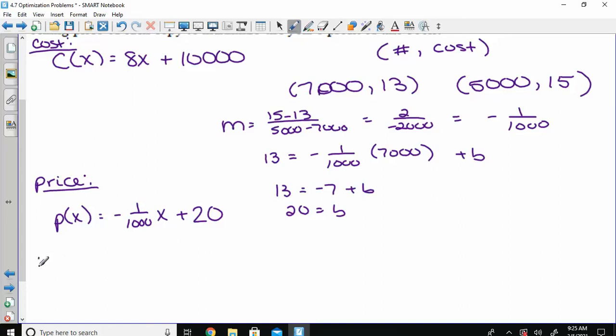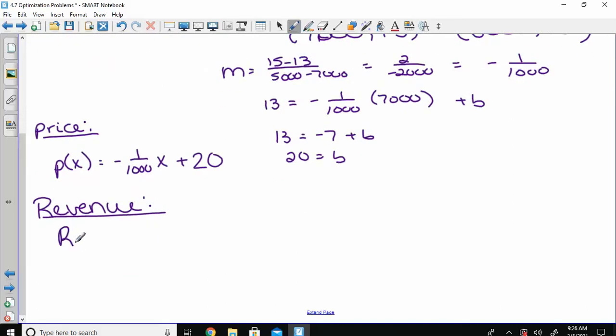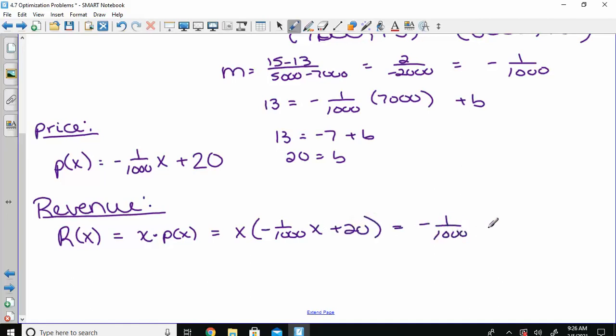Here is my price, so we can get our revenue now. We use capital R for revenue. It's just your price times your quantity. So if I take x times my price function, I get negative 1 over 1,000 x squared plus 20x.